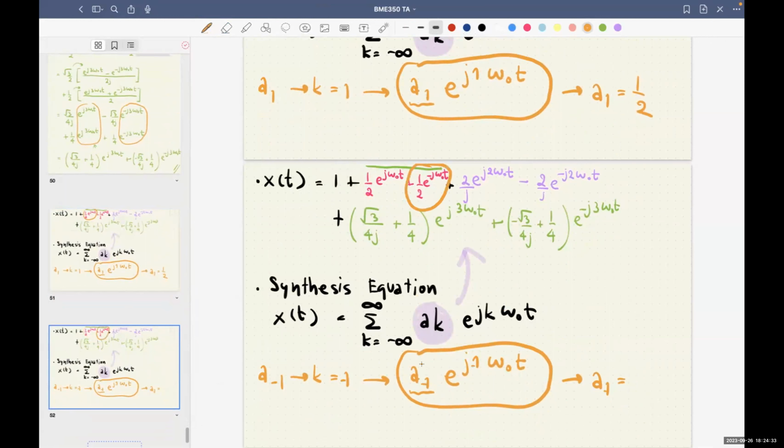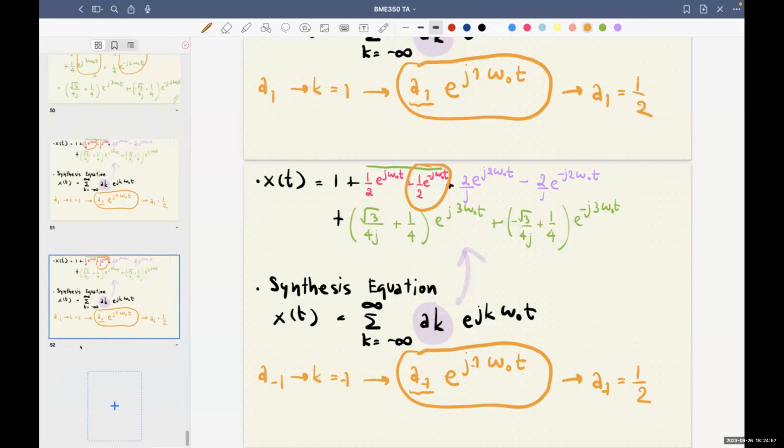Look at this term. Oh, yeah, it's also 1/2. Thank you so much, Isabella. Yeah, it's also 1/2. Okay.